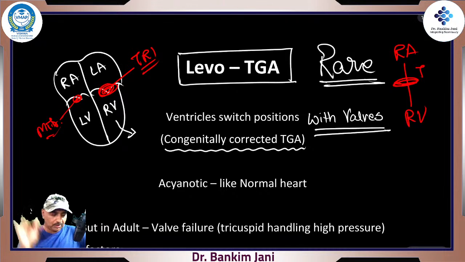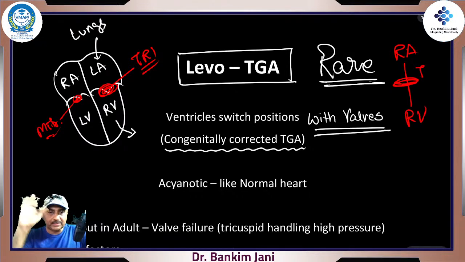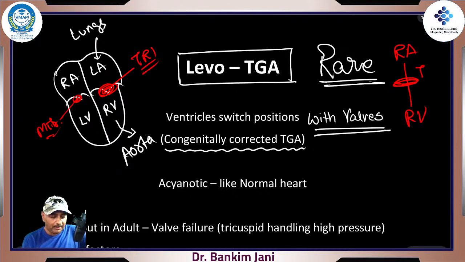Rest, all good. So the left atrium is getting the blood from the lungs, right? It goes via the tricuspid and into the right ventricle. Only the ventricles have switched; the rest, the aorta and the others, have not switched. So here it will come out from the aorta. From the aorta, blood will go into the body.